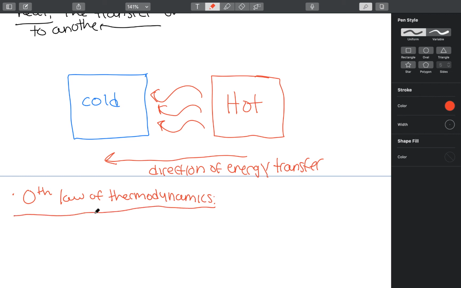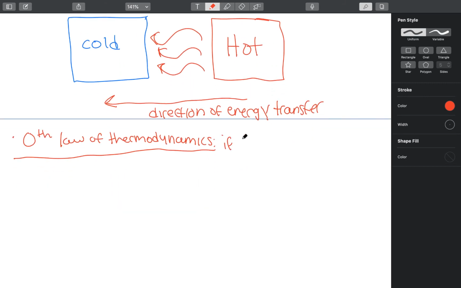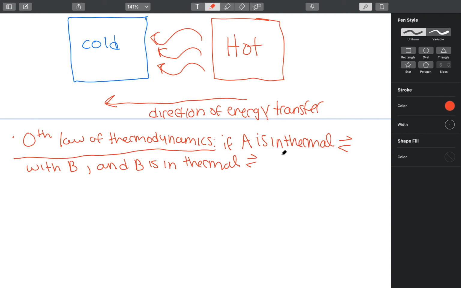The Zeroth Law of Thermodynamics states that if A is in thermal equilibrium, so this means equilibrium, with B, and B is in thermal equilibrium with C, then A is also in thermal equilibrium with C.